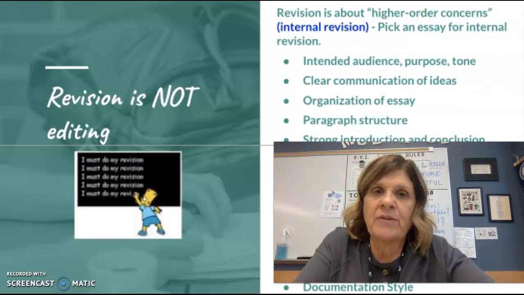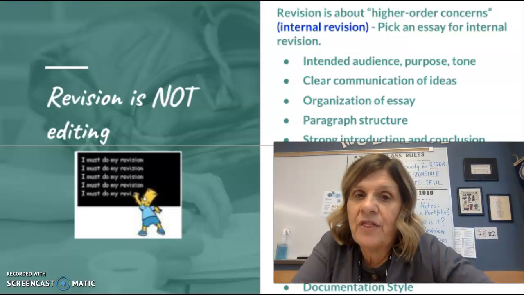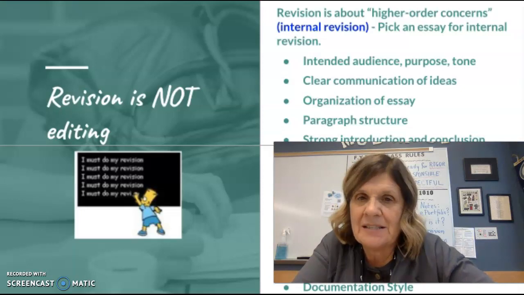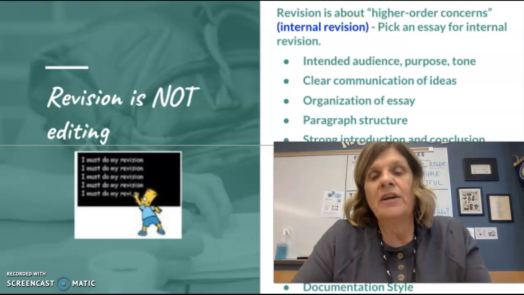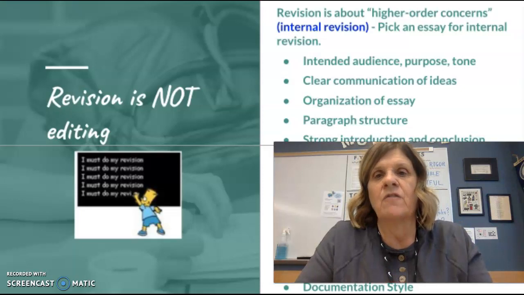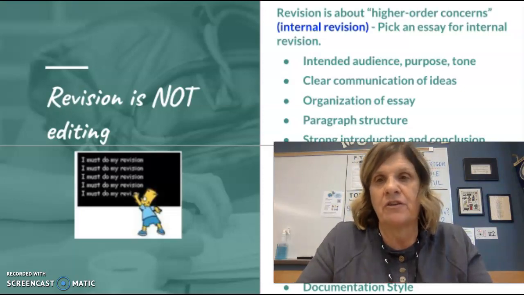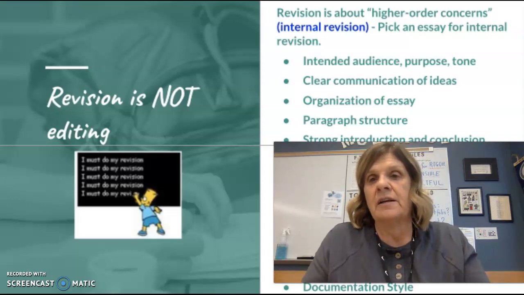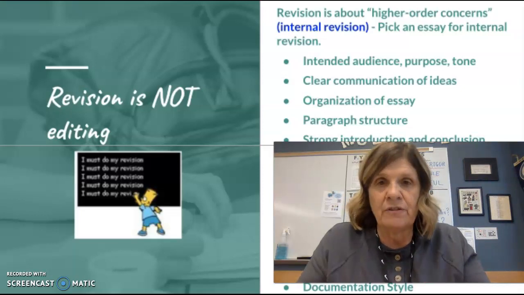Remember that revision is not editing, and so I'd like you to think about one of your responses or your essay so far, and look at each of these bullets and ask yourself, or write some notes to yourself on your draft, or if you have a hard copy, if not, on a separate sheet of paper, what you need to do for internal revision.